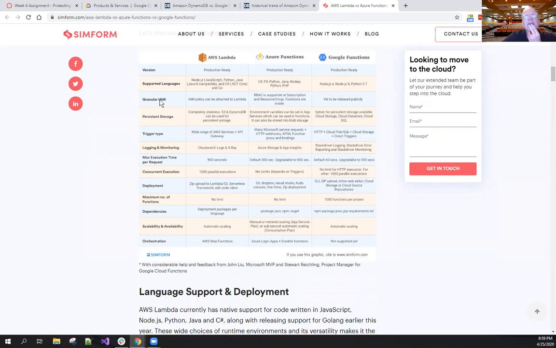See this right there, IAM? That is exactly ACLs right there. Granularity of IAM. Huh. Yeah, they don't even have it going on. What?